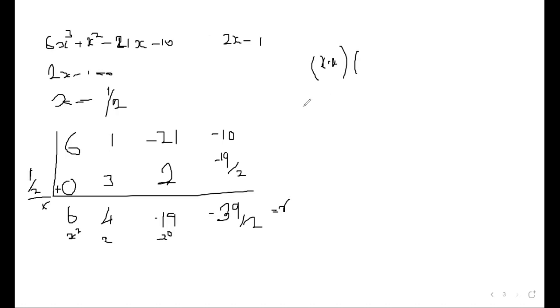So in this case, our polynomial p of x is going to be expressed as this guy. You can just take it the way it is.